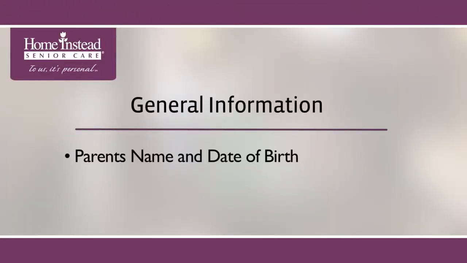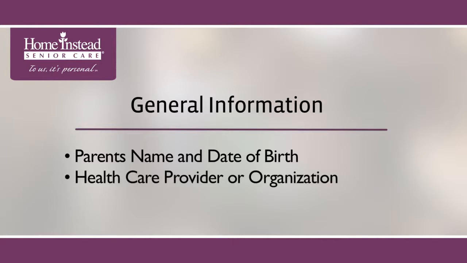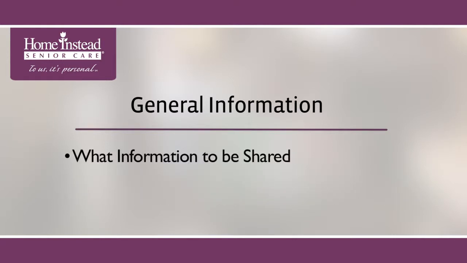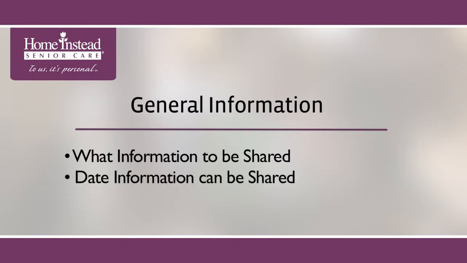In general, the form should include the following information: your parents' name and date of birth, the name of the healthcare provider or organization who is releasing the information, the name of the person, such as yourself, with whom the information can be shared, what information your parents wish to share, the dates when the information can be shared, and your parents' signature.